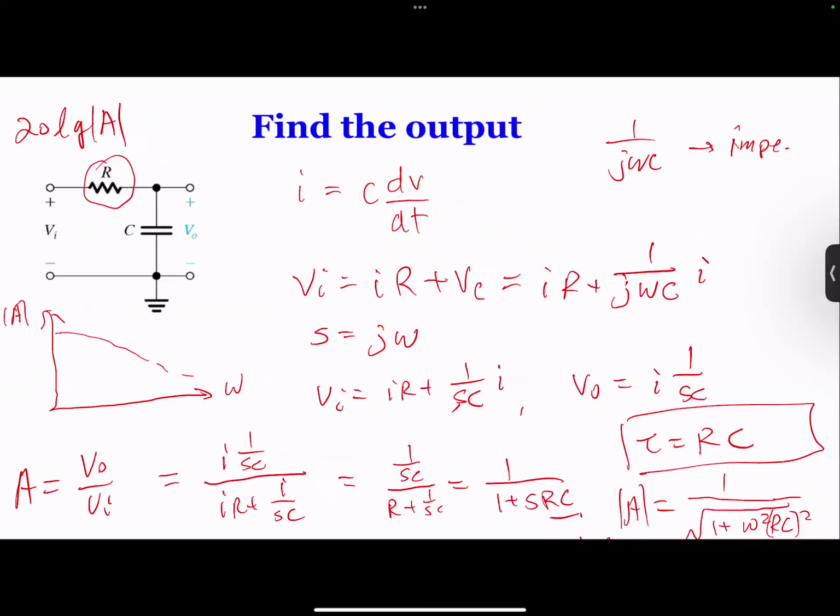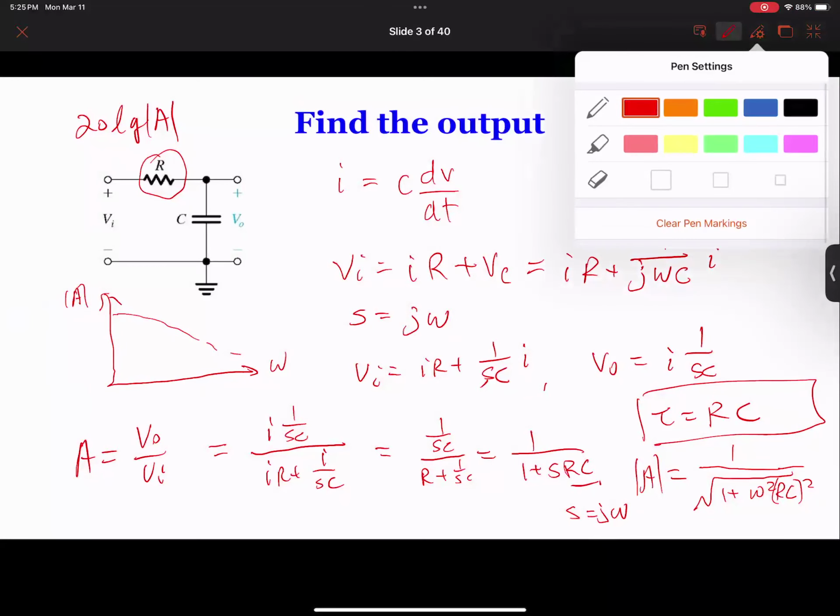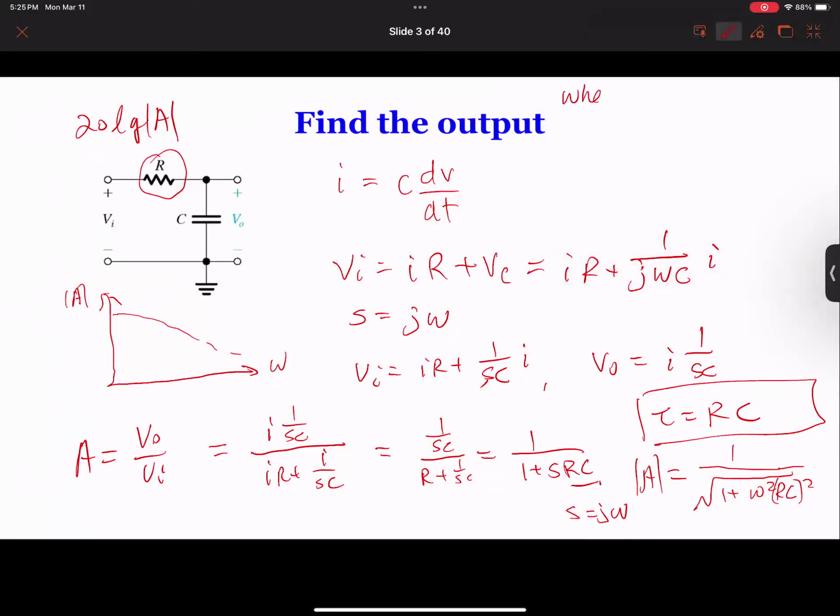So for this circuit, we are down here. But if you plot the gain, and you see what happens when omega equals 1 over RC, you plug in the number to here.